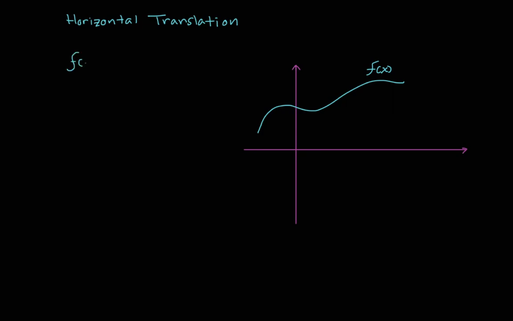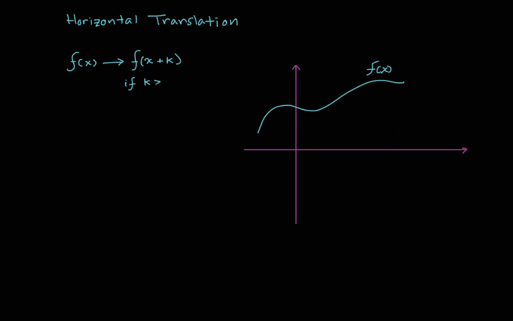If we want to translate our function, f of x, horizontally, to the left or to the right, what we're going to do is subtract or add a value to the independent variable x. Okay, so again we have this k, but things are maybe a little counterintuitive.